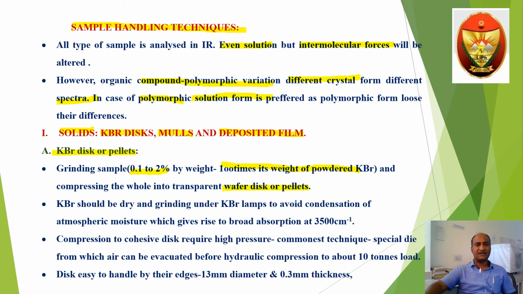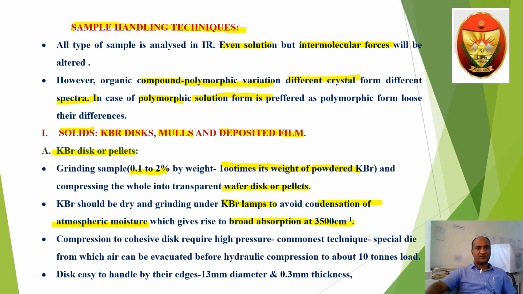Whenever we are grinding the KBr, we should use a KBr lamp to avoid the condensation of atmospheric moisture, because if water is present, there will be a broad absorption at 3500 to 3000. So there is an interference with functional group absorption like OH, NH, or CH.